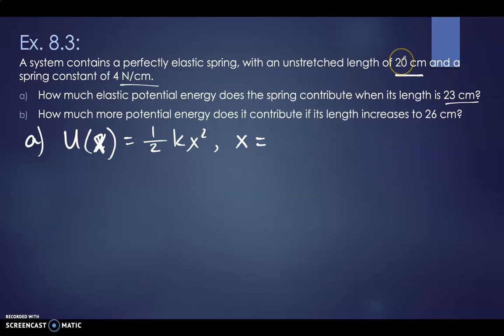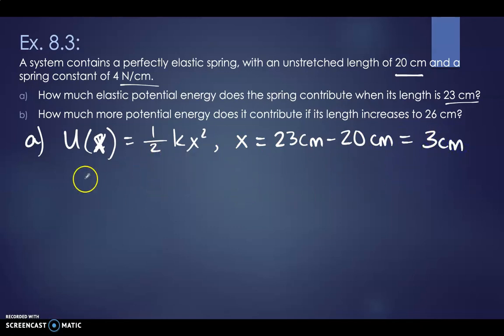The displacement that the spring has undergone is going to be the final position, 23 centimeters, minus our initial position, which was 20 centimeters. So our displacement overall is 3 centimeters.